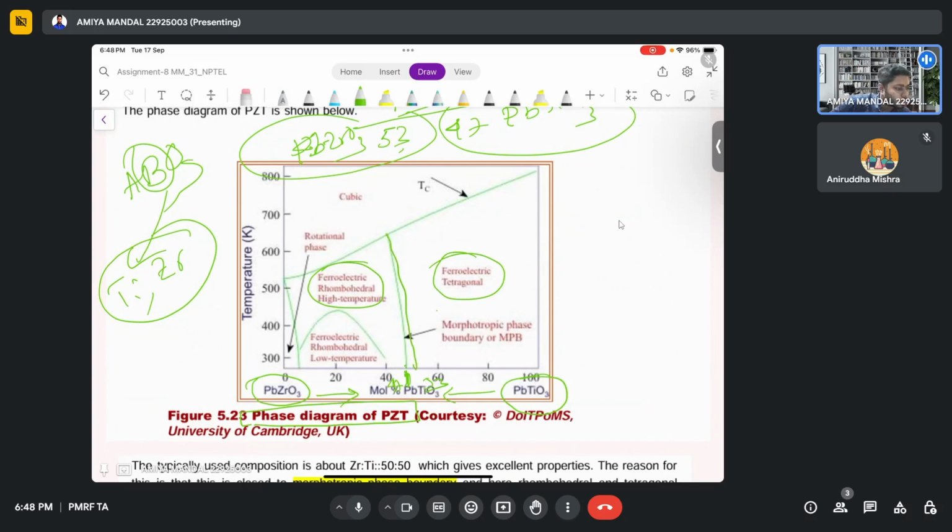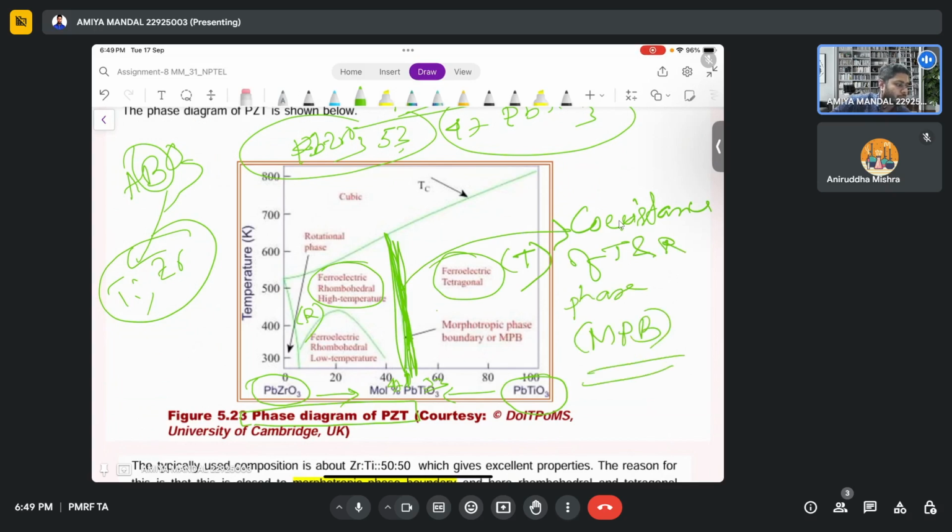In this region there is coexistence of the tetragonal T phase and rhombohedral R phase. This is called MPB, the morphotropic phase boundary.